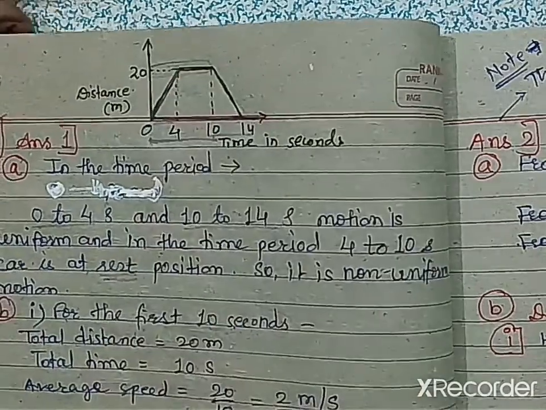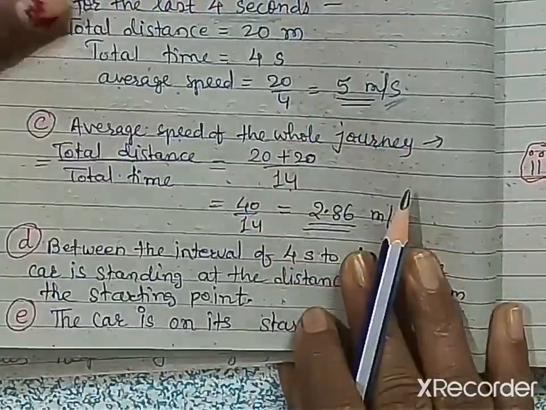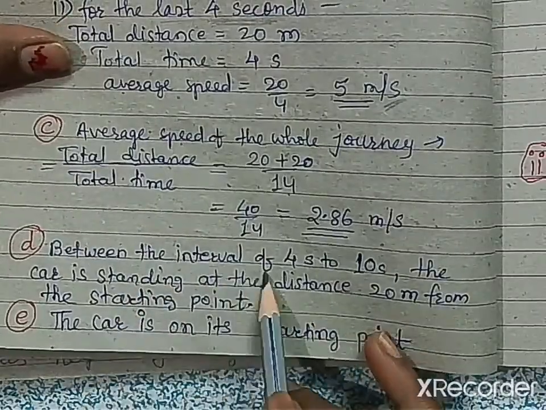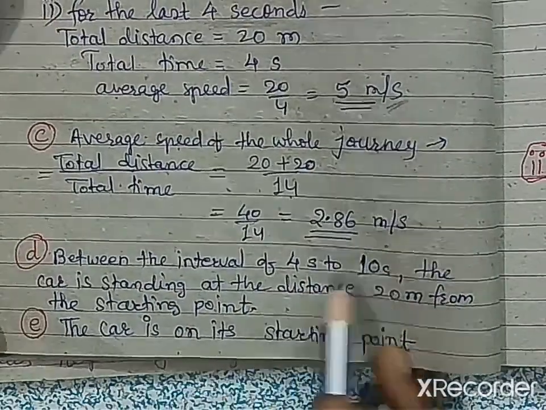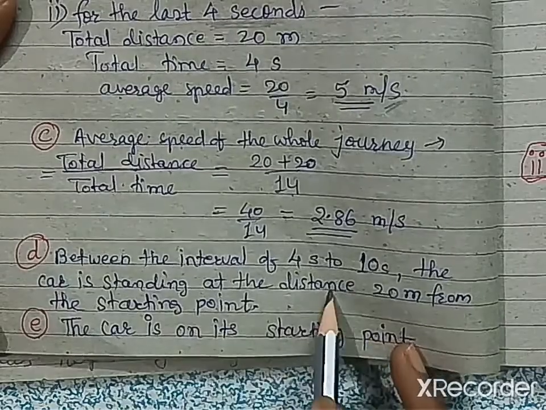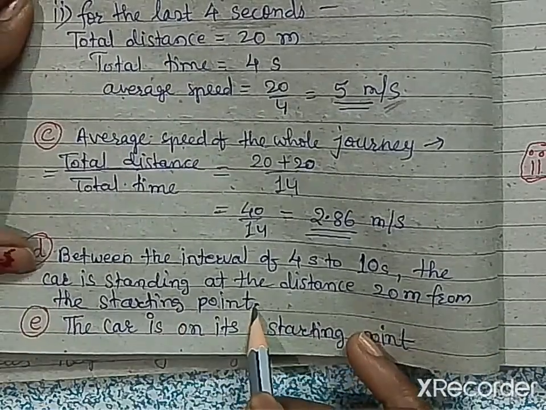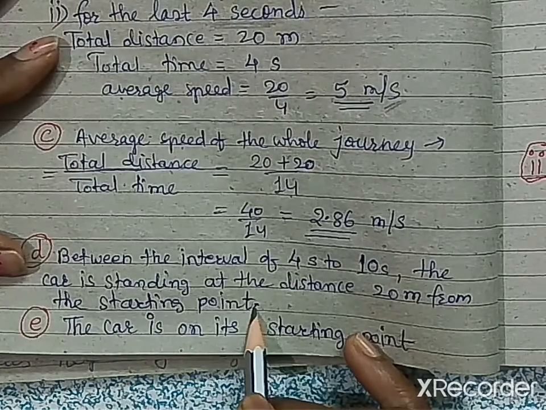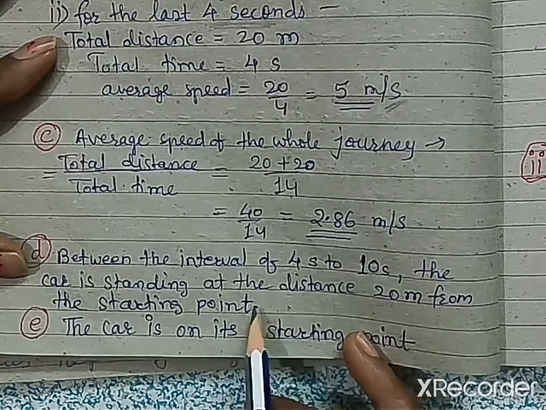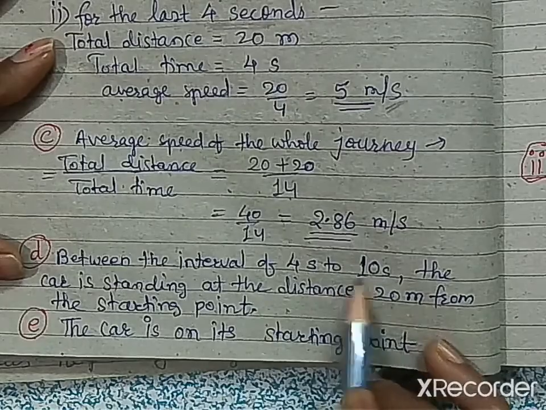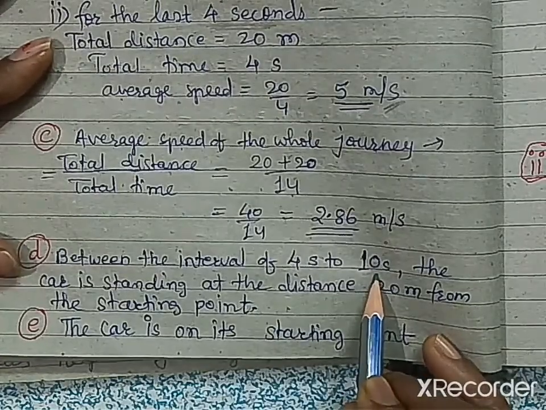So from this graph we can write the answer: between the interval of 4 seconds to 10 seconds, the car is standing at the distance of 20 meters from the starting point. It is not moving. At 4 seconds it came to 20 meters and it is not moving from that place for the next 10 seconds. So it is at rest.